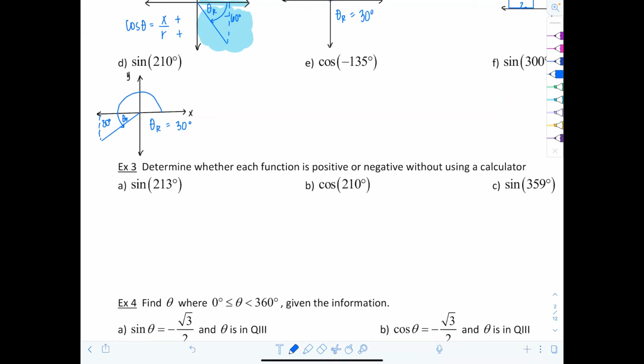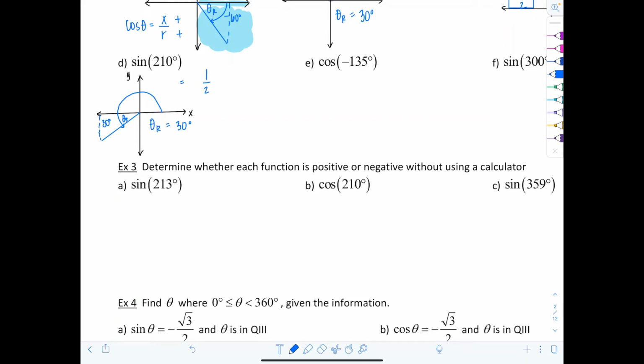And now they want sine of 210. So sine of 210 will have the same magnitude as sine of 30 degrees. It's just the sign may be different, meaning it may be negative instead of positive. So first let's think to ourselves, okay, what is sine of 30 degrees? Sine of 30 degrees is 1/2.